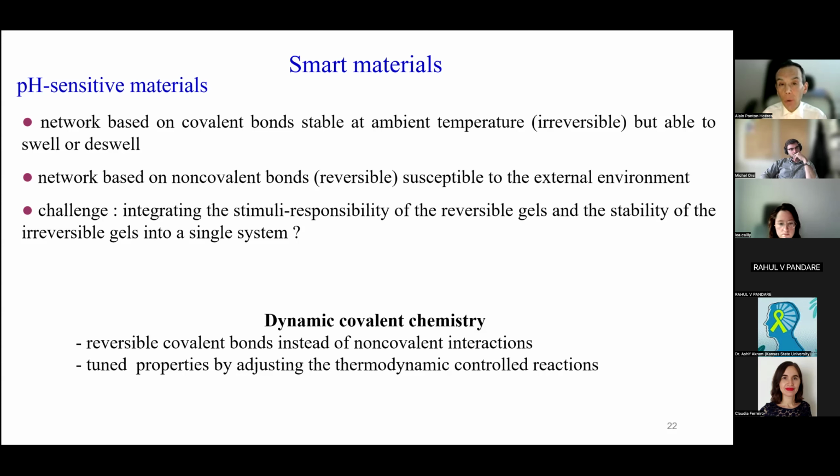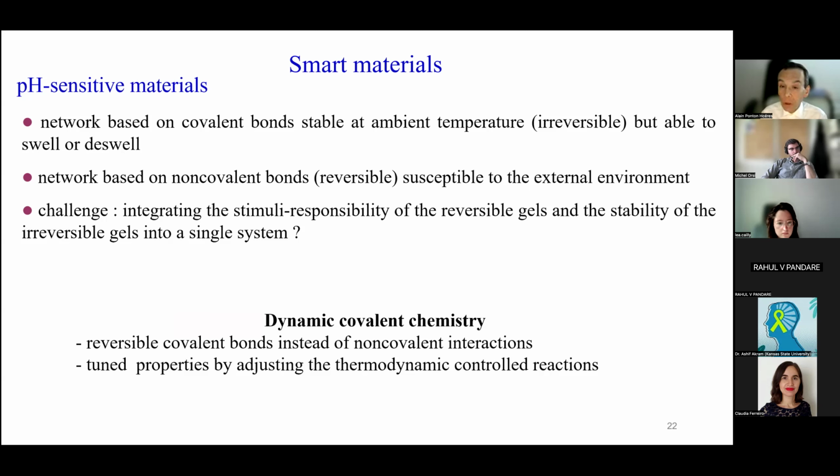In general, when you formulate a gel with covalent bonds, you have rigid materials. And in case of a polymer gel formed by reversible bonds, you have a soft gel. And one question is, can we have both in the same polymer, covalent bond and non-covalent bond?